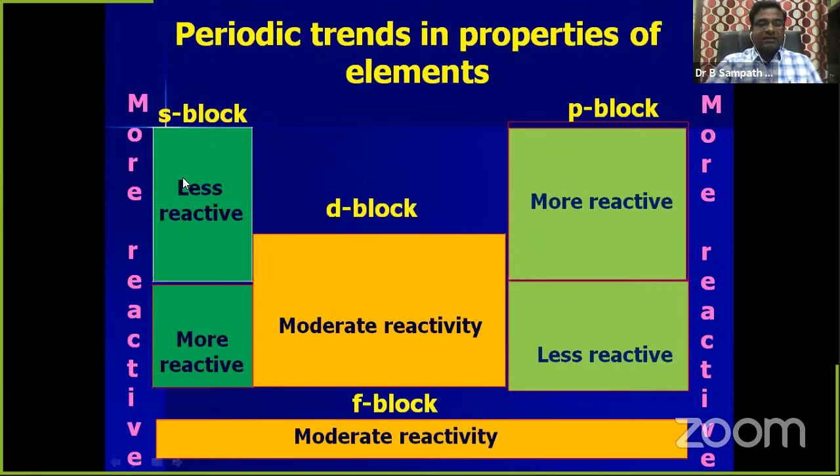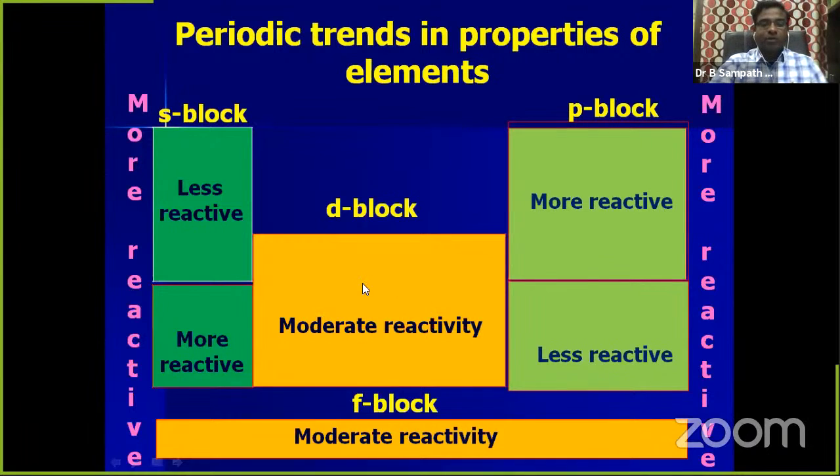See children, if we go along the periods, that is from left to right, the starting elements are more reactive. Children, I have written with the pink color here, more reactive. The S block elements, which are on the left side of the periodic table, are more reactive.